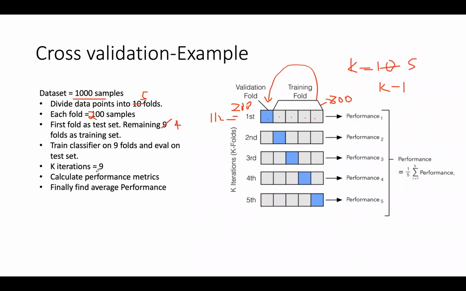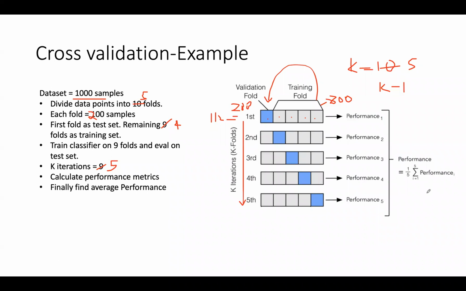And then we repeat this for k iterations, so we repeat this 5 times. Each time we calculate and record the performance: performance 1, performance 2, up to performance 5. Then we average this performance and use it to select the best performing model or algorithm based on the average metrics.